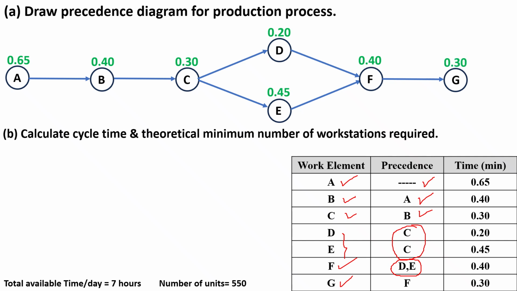The next question is to calculate the cycle time and the theoretical minimum number of workstations required. We know that cycle time C equals production time divided by required output.